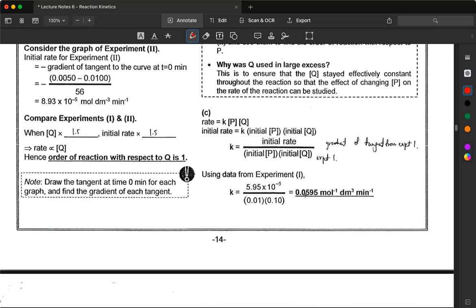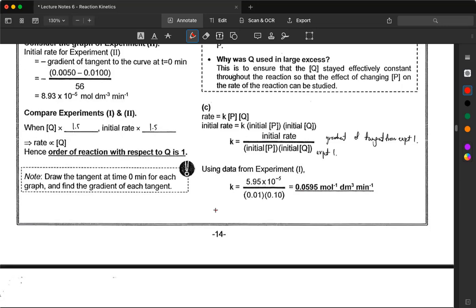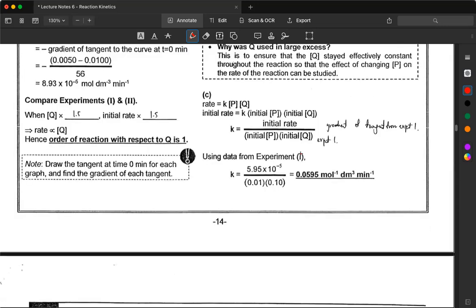Okay, units, be careful of the units. You have to calculate the units separately to get this. You take mol for the rate, and then this is 2 concentrations, so you take mol dm^-3 to the power of 2, then equals mol.